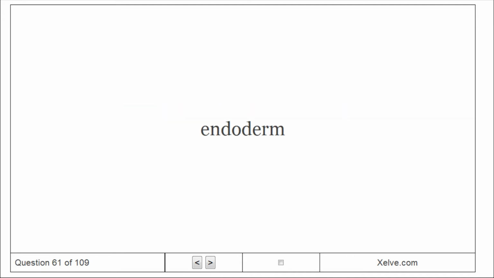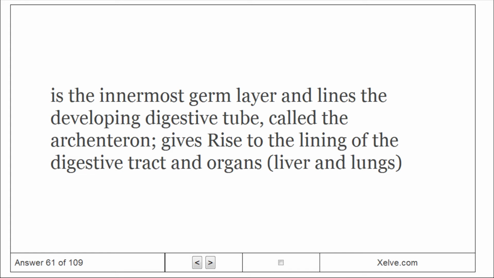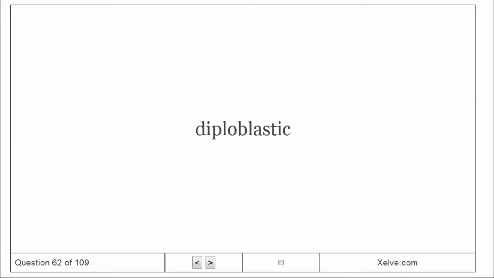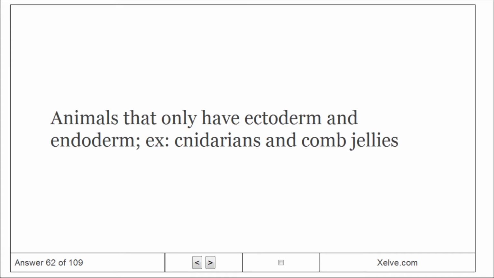Endoderm is the innermost germ layer and lines the developing digestive tube, called the archenteron, and gives rise to the lining of the digestive tract and organs, liver and lungs. Diploblastic. Animals that only have ectoderm and endoderm. Example: cnidarians and comb jellies.